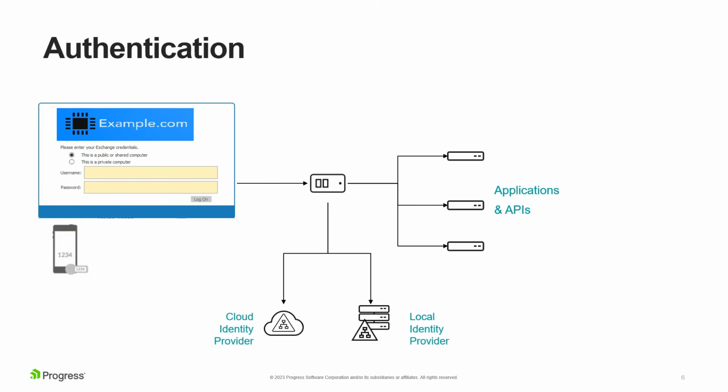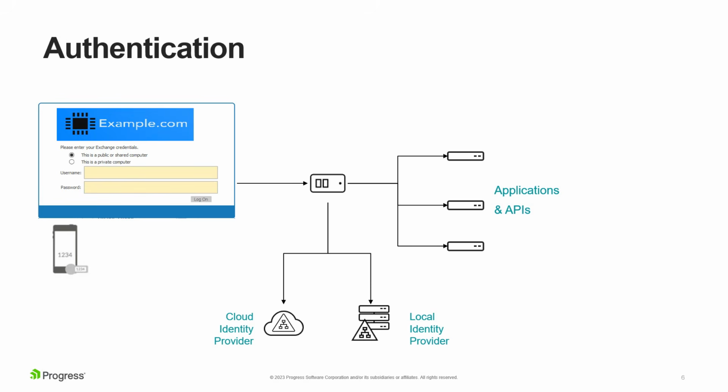But it also allows you to use things like two-factor authentication that may not be supported by the back-end application. And also you can do things like single sign-on as well. So pretty standard stuff that you would expect an authentication gateway to do.